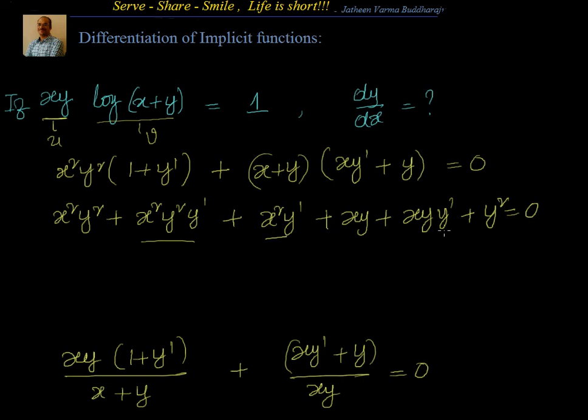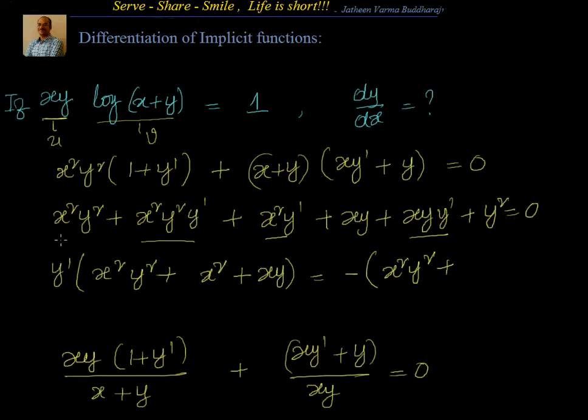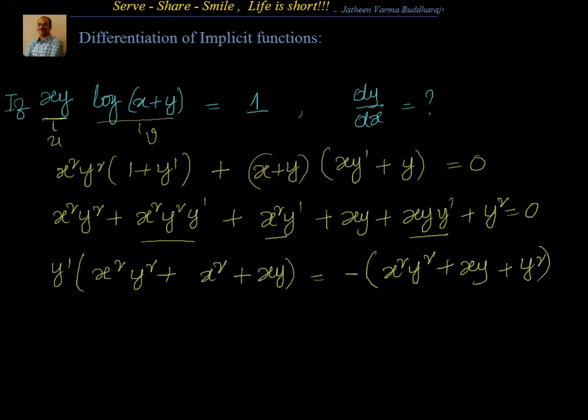If you separate all the terms of y dash on one side and the other terms to the other side, we have y dash into x square y square plus x square plus xy equal to minus of x square y square plus xy plus y square.